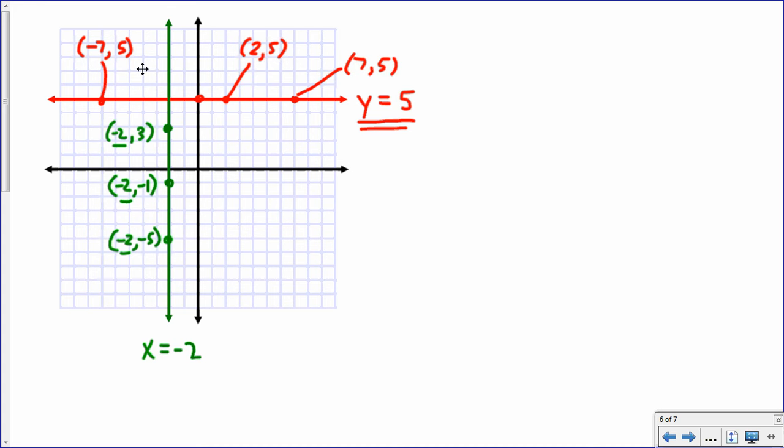There's no need to have any problems because every point on this horizontal line has the same y coordinate, 5, 5, 5. So y equals 5 is the equation. That statement is what is true about every single point on that line. And x equals negative 2 is the statement of what is true about every point on that green vertical line.